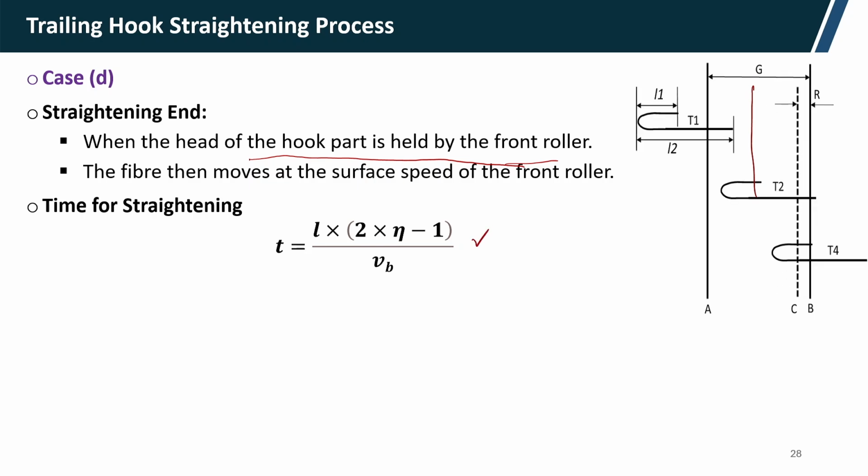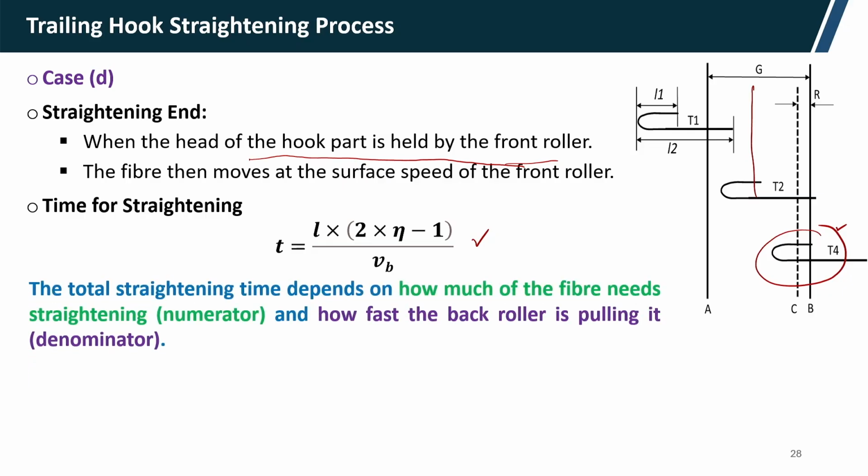Now, here you can see the fibers. This is the fiber here. Now, at this point T4, straightening ends when the head of the hooked part is held by the front roller. Total straightening time depends on how much the fiber needs straightening.